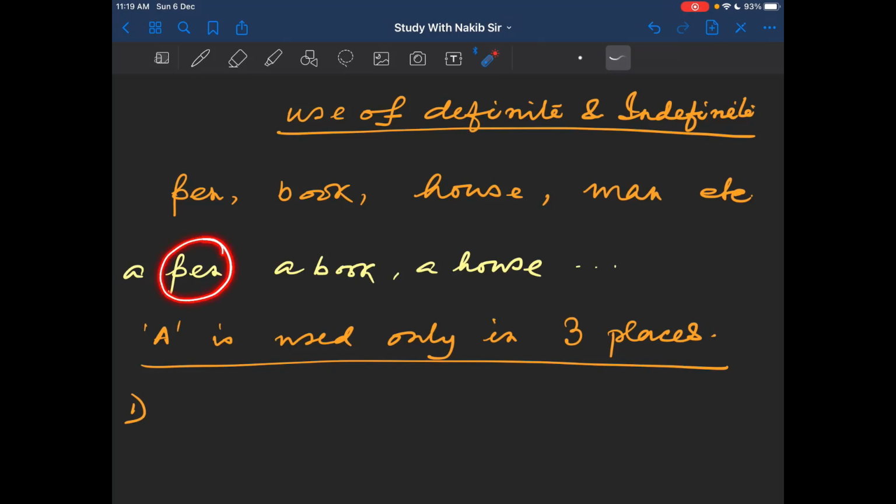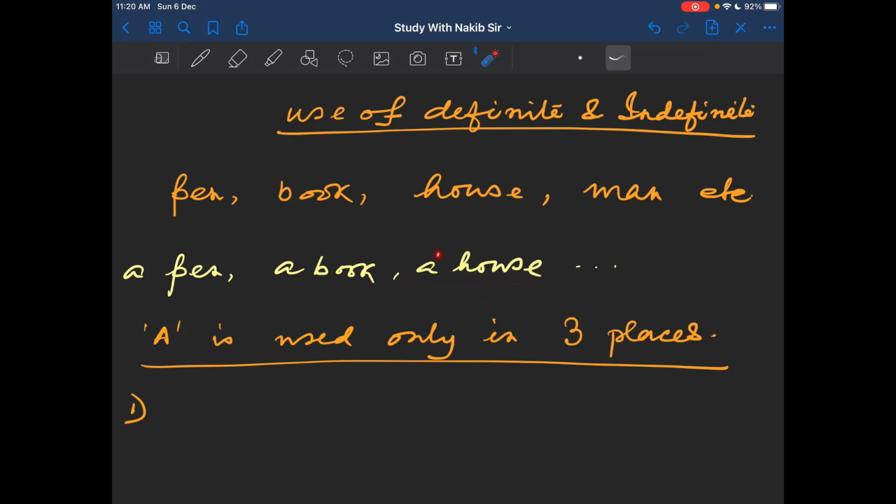See, pen. This is a noun and it begins with a consonant, P. For this, it has taken one a. And see this noun, book. It begins with B, a consonant. For this, it has taken one a before it. And see this noun also. This noun begins with H. H is a consonant. So it is a house.